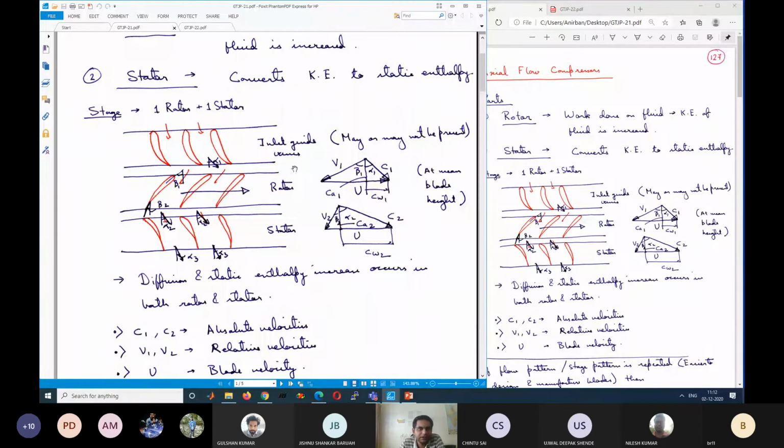In case the inlet guide vanes are not present, the flow at the inlet of the first rotor comes in a straight line, like C1 is a straight line, alpha 1 is 0. In case inlet guide vanes are present, the flow is rotated at an angle. The only function of the guide vanes is to rotate the flow in a certain direction. It does not input any work or change any enthalpy.